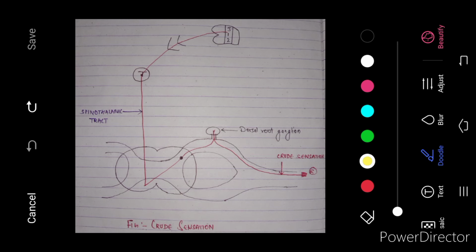And these are the horns known as posterior and anterior horns. Both horns come out and form the anterior and posterior root respectively, and both roots meet to form the spinal nerve.